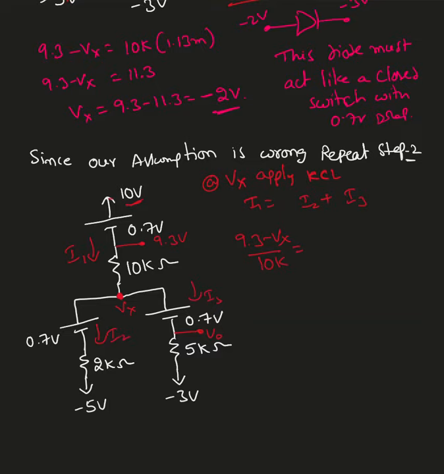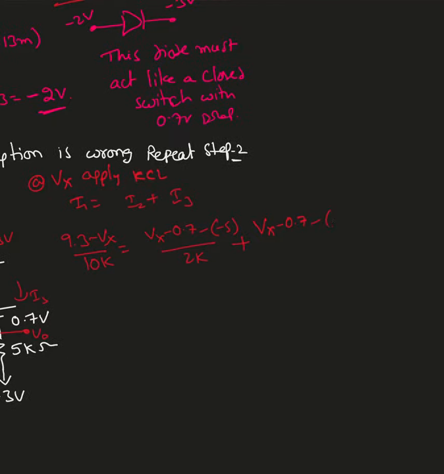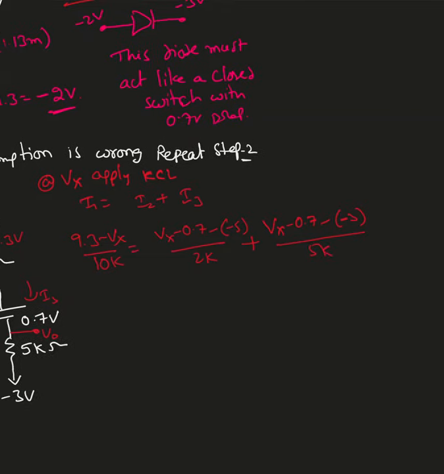Now my I2 must be whatever the voltage here, that is Vx minus 0.7, minus of minus 5, divided by 2K, plus I3 equals Vx minus 0.7, minus of minus 3, over 5K. That will give me my Vx.